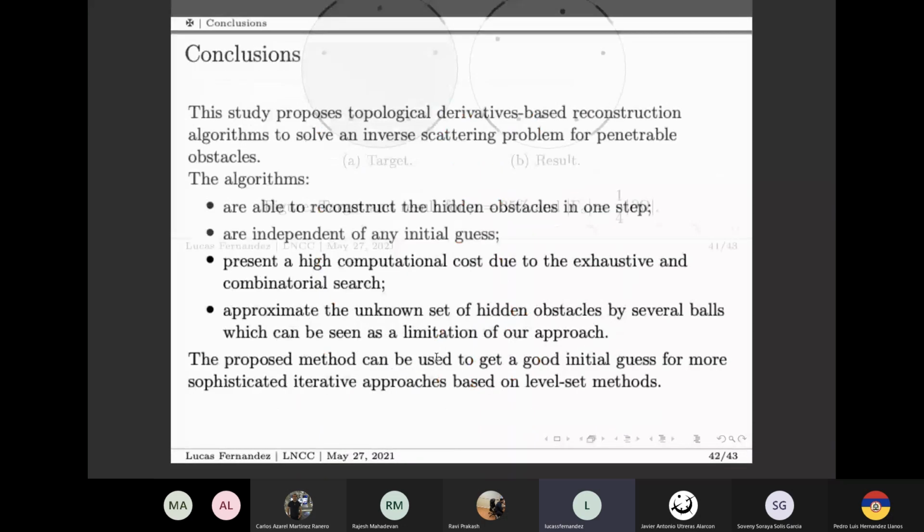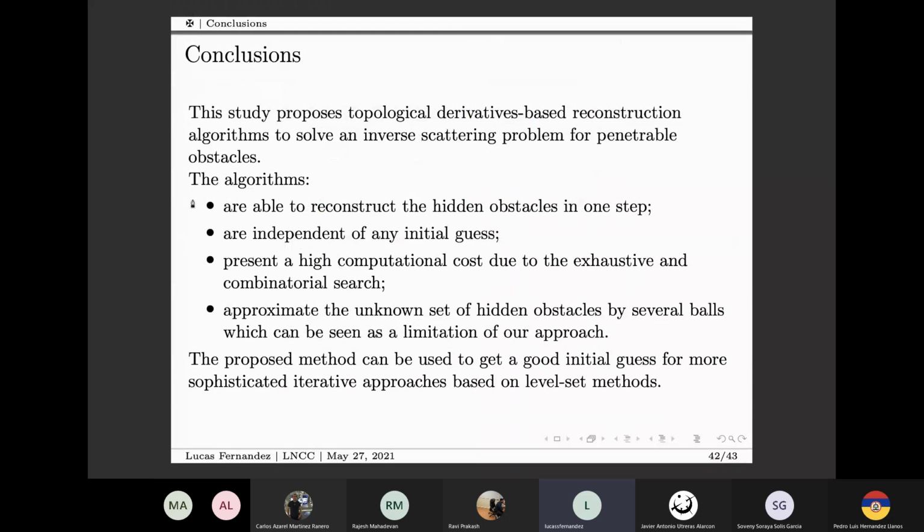Okay, in the conclusions, I have here some general remarks about the reconstruction algorithms we have developed. First, the algorithms are able to reconstruct multiple obstacles in a non-iterative scheme. However, the price I pay for that is the associated computational cost, which is quite high due to the fact that we need to conduct a combinatorial and exhaustive search in order to find the optimal location of the obstacles.